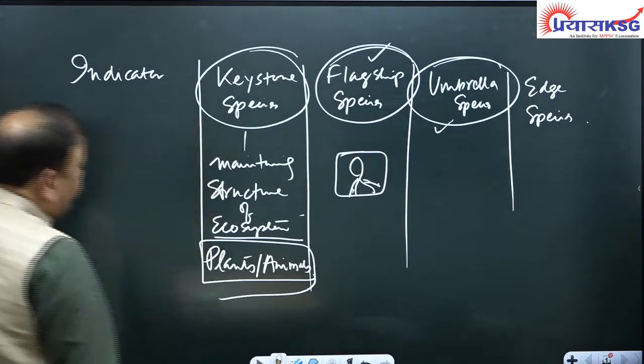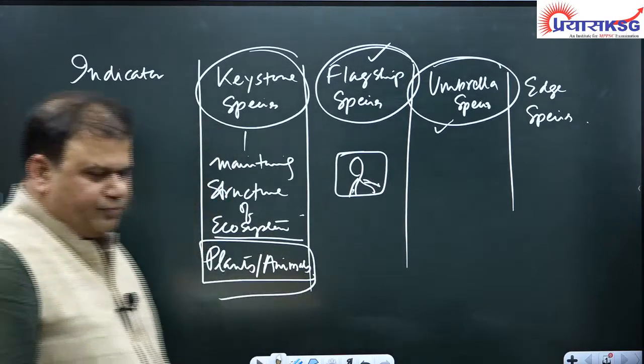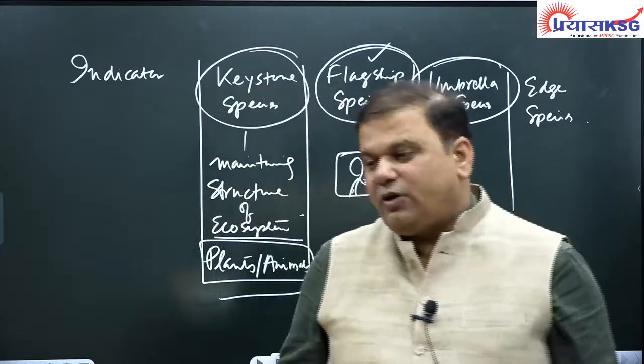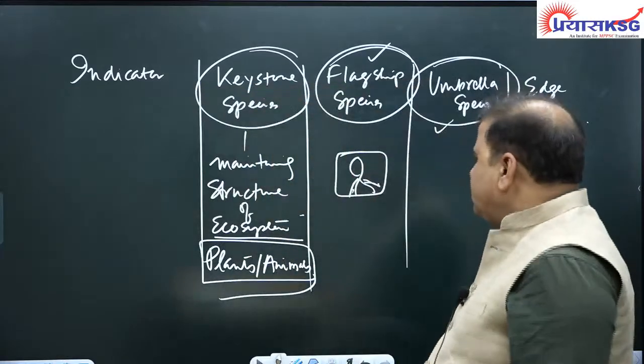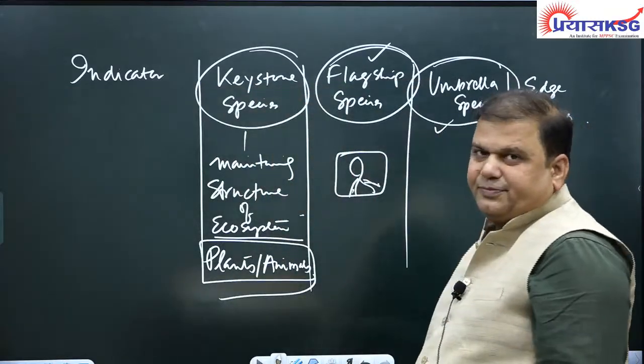They can be both plants and animals. Fine. So this is called as what? It is referred to as keystone species.